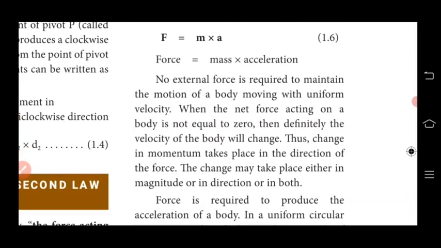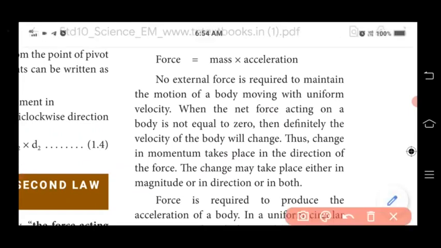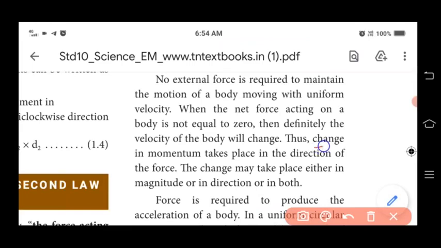Thus, change in momentum takes place in the direction of force. The change may take place either in magnitude or in direction or both. So this is very important.